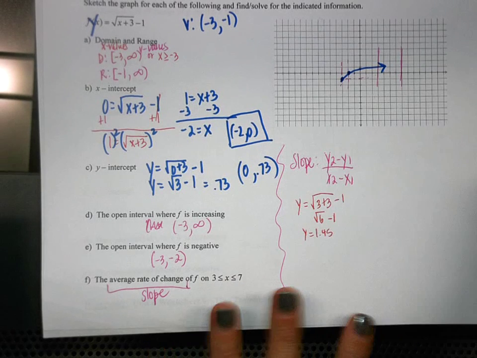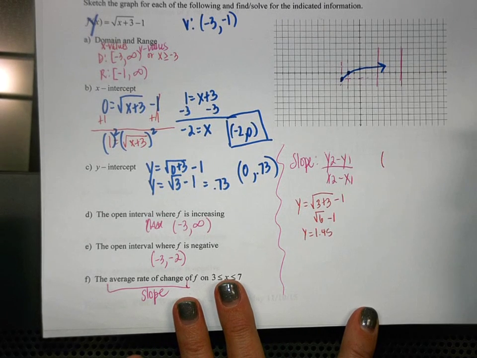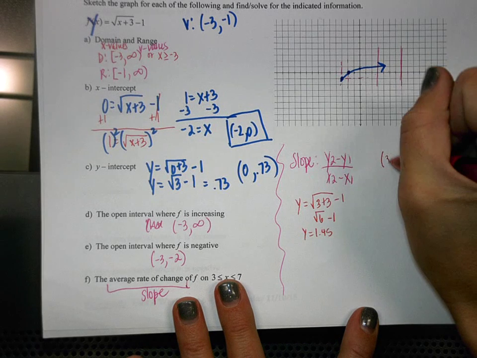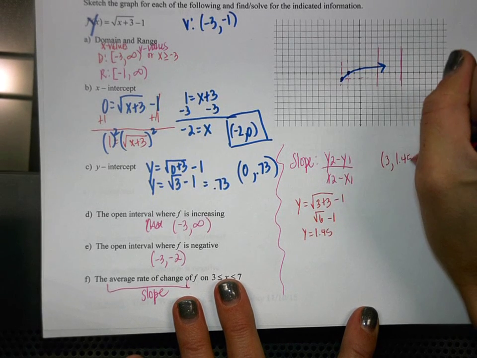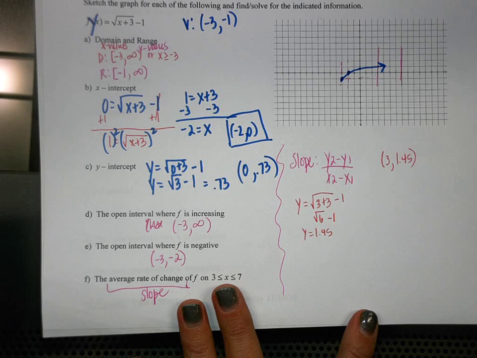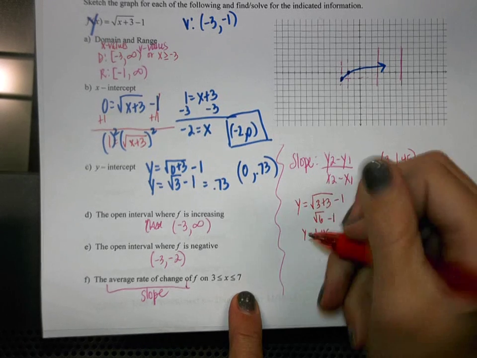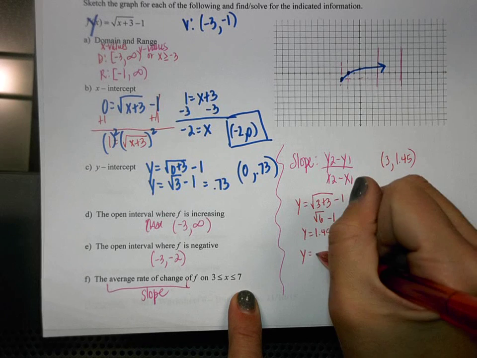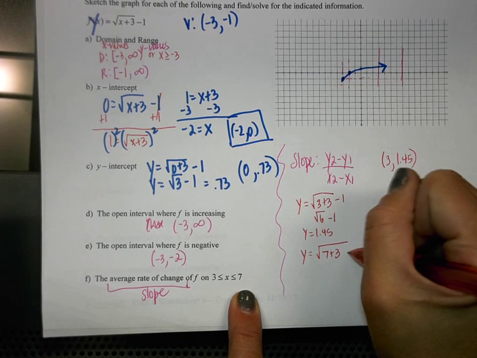So one of my ordered pairs is, what value did I plug in for x? 3. And then my y value was? Okay. Now we have to find the other point. So for that one I'm going to plug in 7. So y equals the square root of 7 plus 3 minus 1.